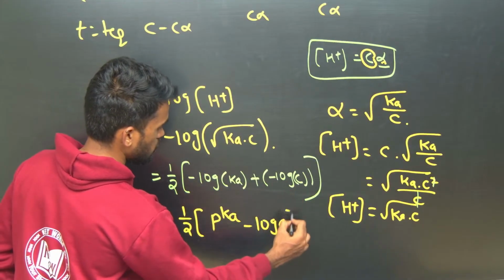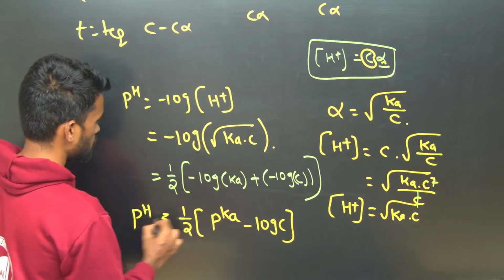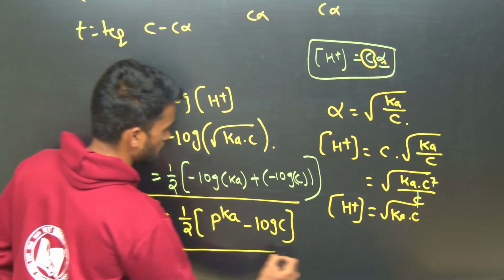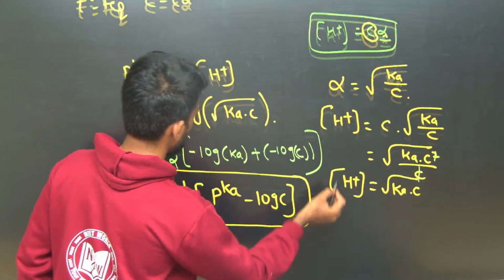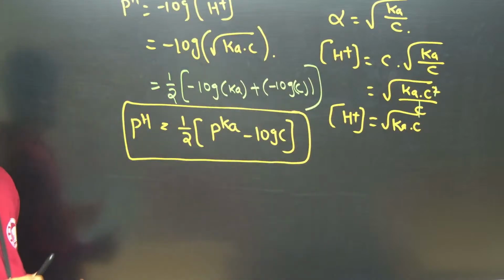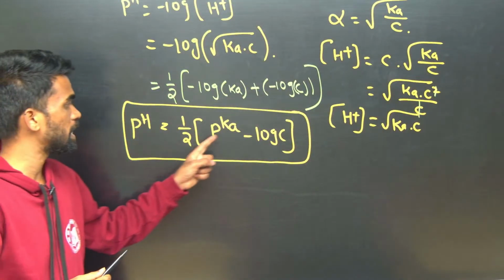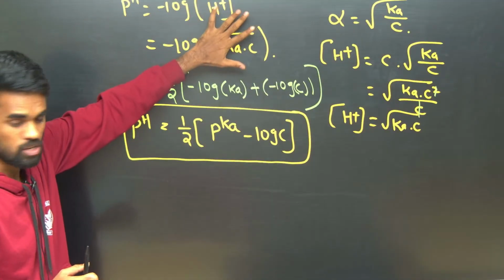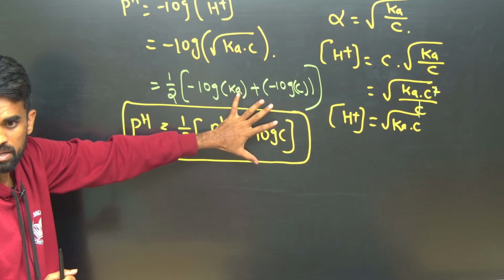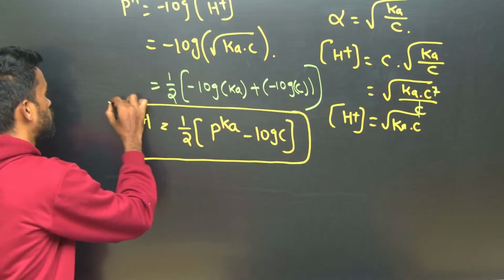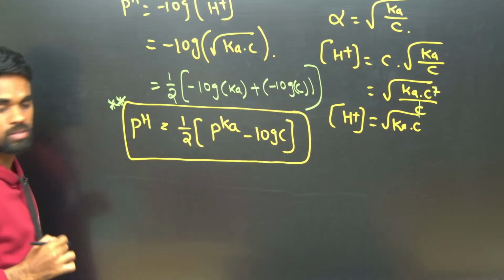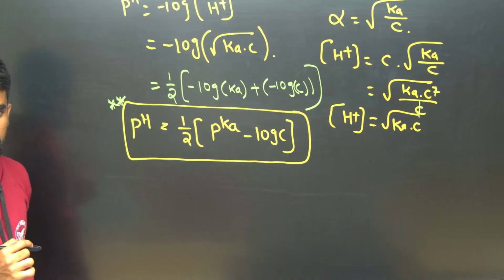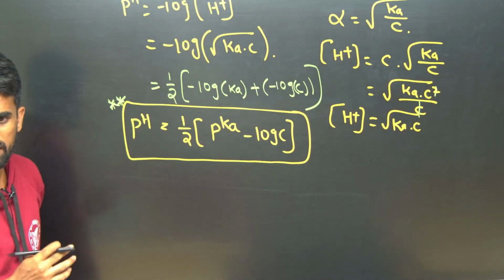So this will be the final formula. What is the final formula for a weak acid? pH equals half into pKa minus log C. I don't know whether you remember this or not, just remember this final formula. Okay, right. We can write minus log Ka, or directly pKa.